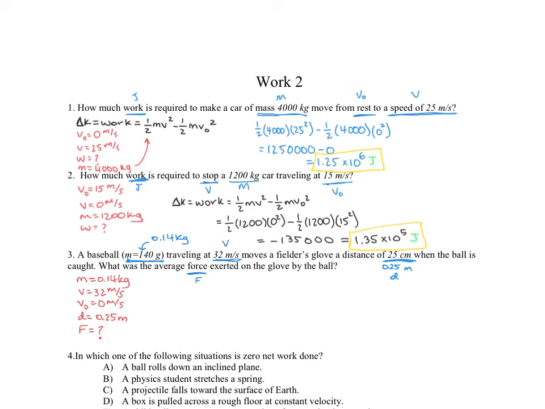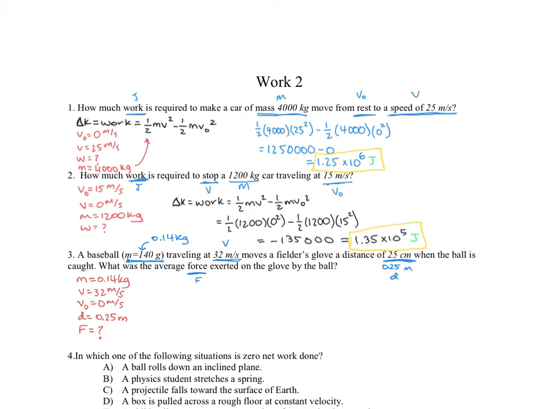Now, what formula can we use here? One thing that you have to know before being able to solve this problem is that there are two formulas that we have to use here.